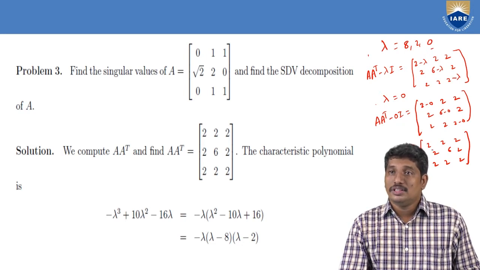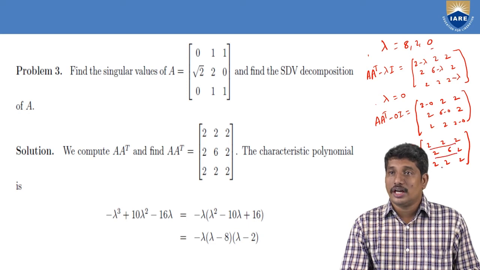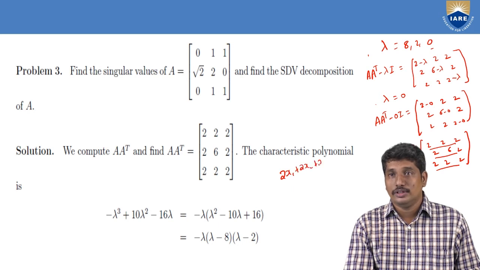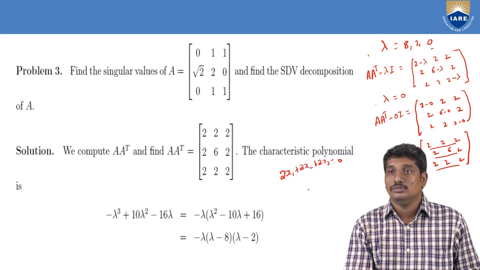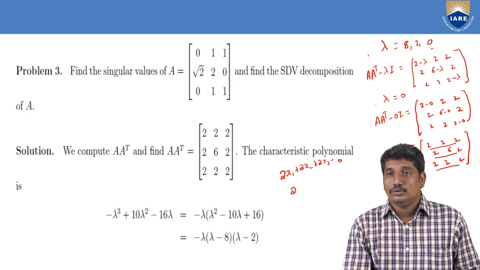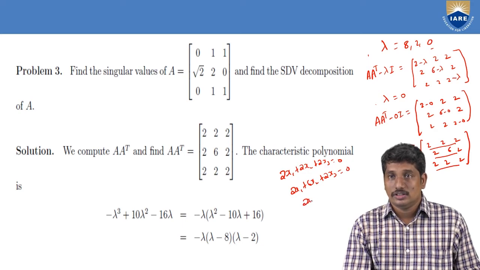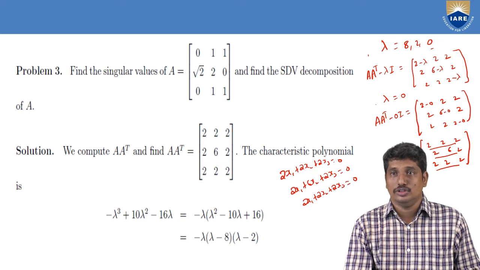Now, from these three rows, we can write three equations like this. 2x1 plus 2x2 plus 2x3 is equal to 0. 2x1 plus 6x2 plus 2x3 is equal to 0. 2x1 plus 2x2 plus 2x3 is equal to 0.